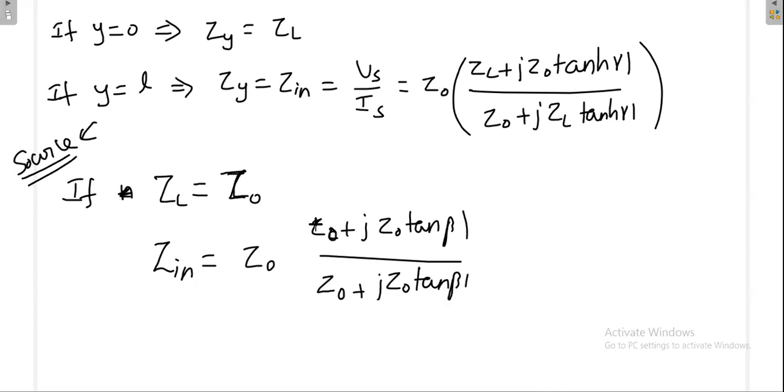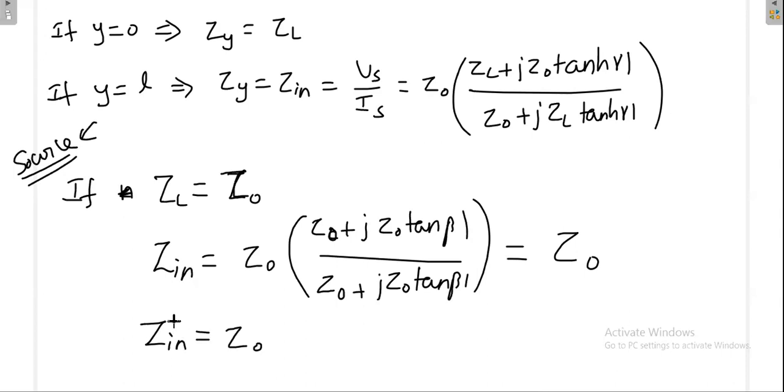With ZL equal to Z0, the numerator and the denominator are exactly the same. You get Z0. So Zin is equal to Z0. Whenever you terminate the transmission line with the characteristic impedance, then the input impedance is the same as the characteristic impedance. That is the idea.